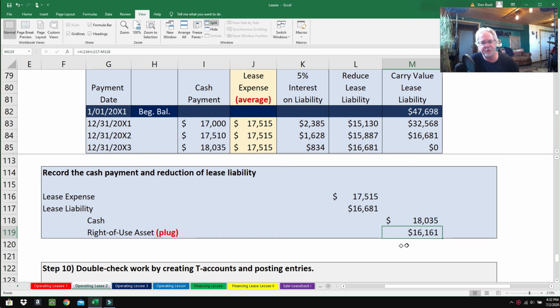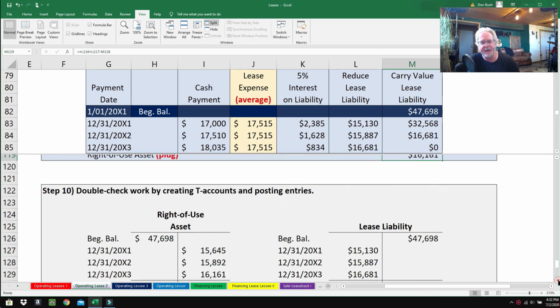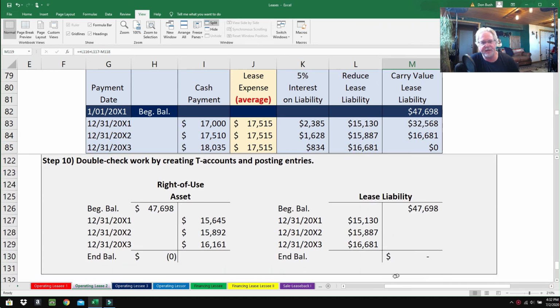There you go. Now, when I worked through this problem, I wasn't sure if I did it right. I thought I was, but I wasn't sure. So what I did is I made a couple of T accounts. And that way I could check my work. So what I did with each of the journal entries that affected the right to use asset or the lease liability, I posted them. So here was that beginning balance, and every time I credited right of use asset, I put it right in here.